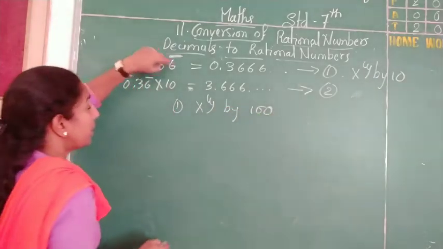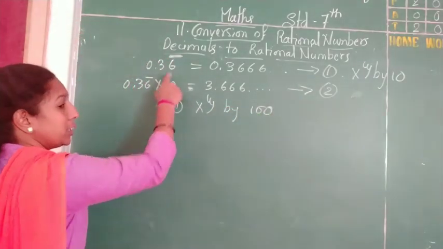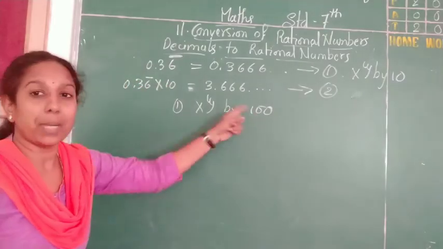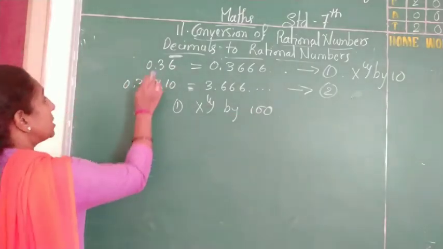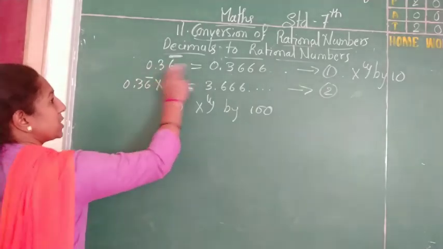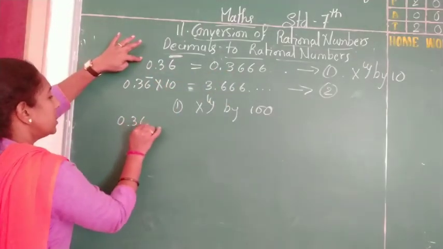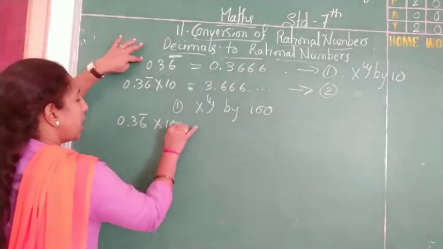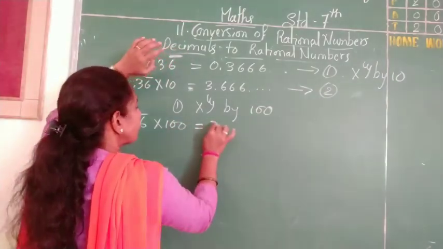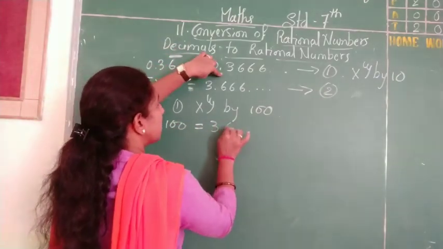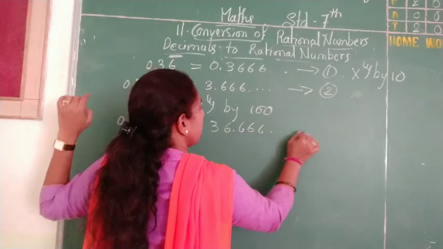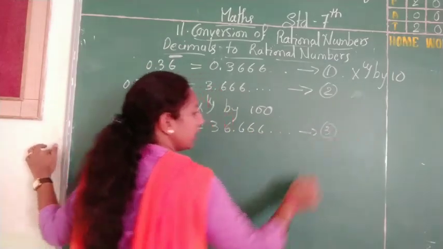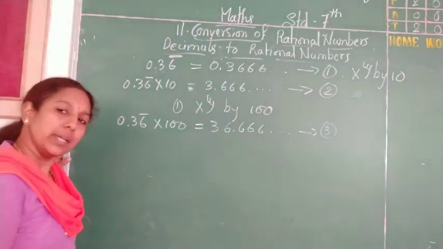So 0.36 bar into 100 is equal to 36.666. This is equation number 3.